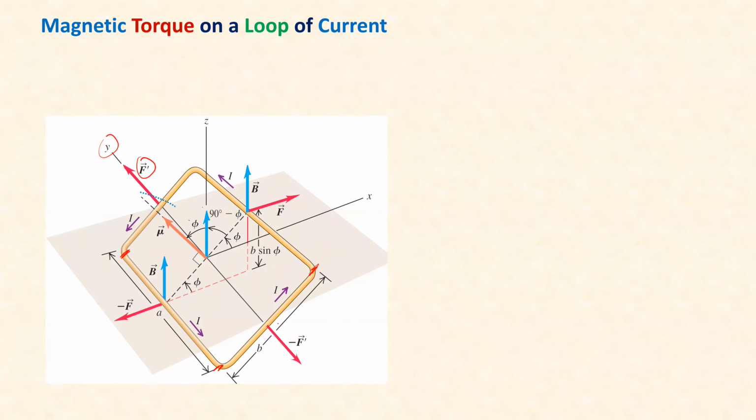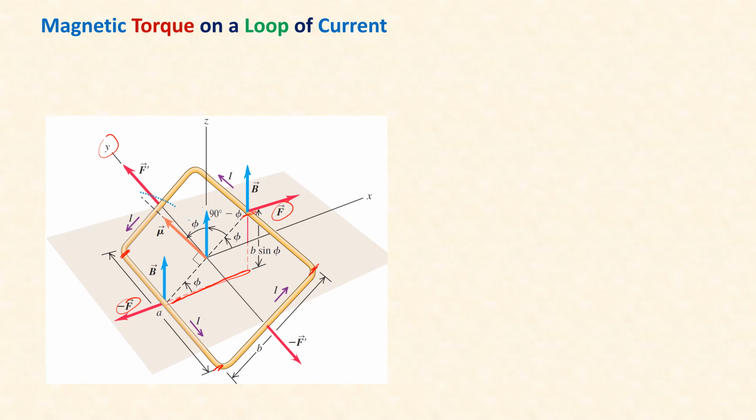And on this other side, the current is reversed, therefore the force will be reversed. So you see that these two forces, F prime and negative F prime, cancel each other. F and negative F also cancel each other, but they don't pass through each other. So this F is at this level, and this one is at the higher level. So they tend to rotate the loop, right?